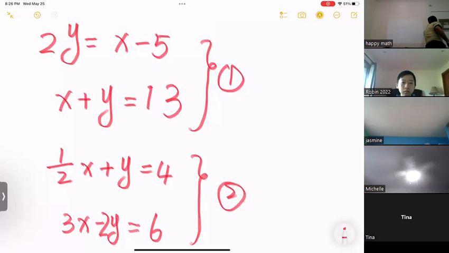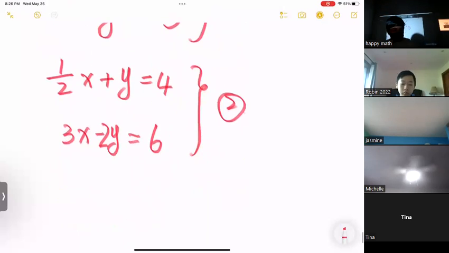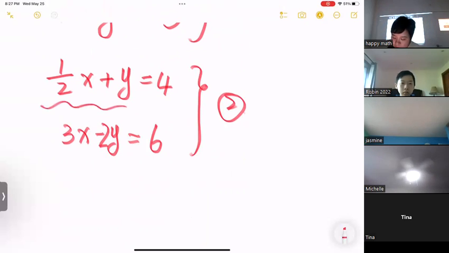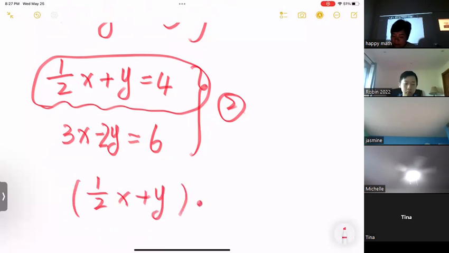So everyone, for the last questions, let's see question 2. I highly recommend that when you see a question with fractions, the first step is to change the fractions into whole numbers. How? We multiply by 2 on both sides at the same time.